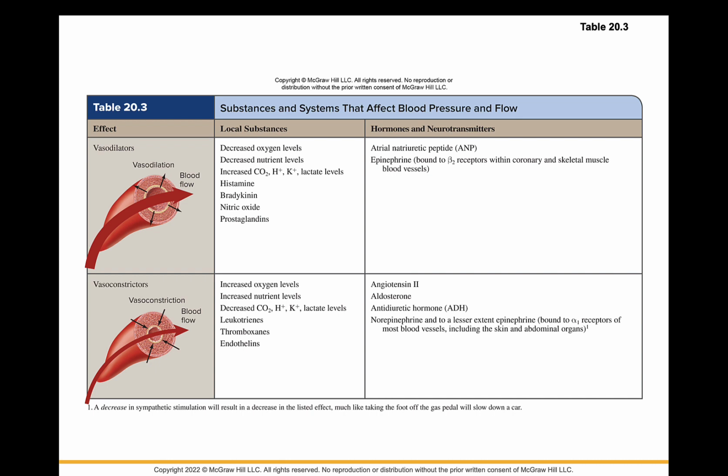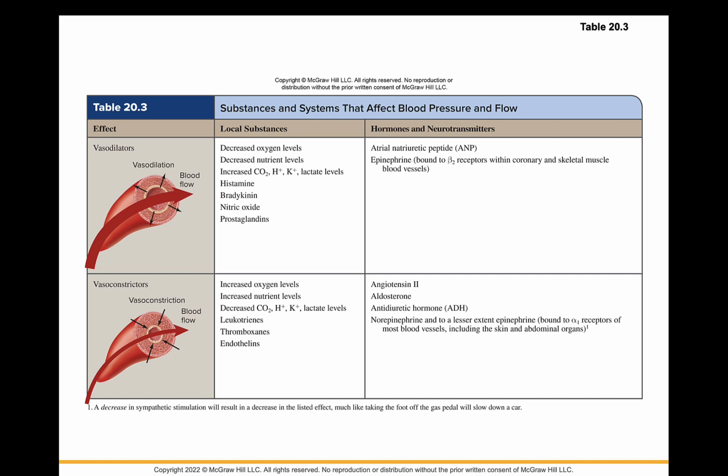Now, this particular diagram is really talking about different substances and whether they are vasodilators or vasoconstrictors. The first thing that we're going to look at is local substances. Things that are going to result in vasodilation include a decrease in oxygen levels and a decrease in nutrient levels. So imagine lower levels of glucose or something along those lines. An increase in carbon dioxide is an indicator of greater metabolic demand and more waste being produced.